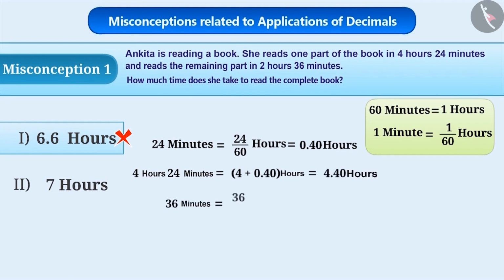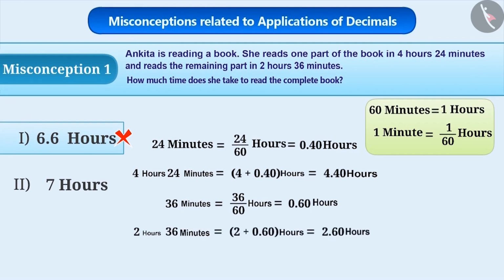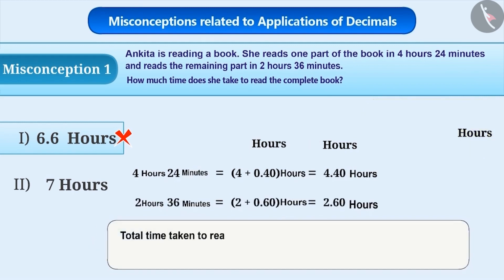Similarly, 36 minutes equals 36 by 60 hours equals 0.6 hours, and 2 hours 36 minutes equals 2 plus 0.6 hours equals 2.6 hours. Total time taken to read the complete book is equal to 4.4 hours plus 2.6 hours, which is equal to 7 hours.